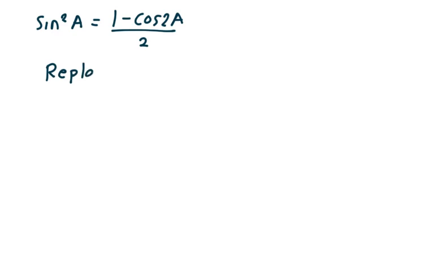Suppose we had sine squared A is (1 minus cosine 2A) divided by 2. So what we want to do is replace A with A over 2.